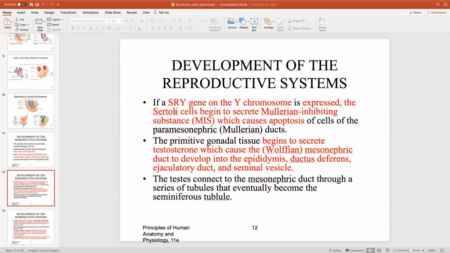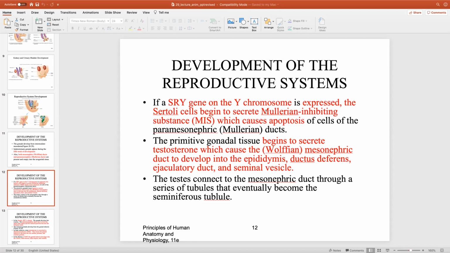Remember, they have like 10 different names: the Sertoli cells, the sustentacular cells. Those cells will secrete Müllerian inhibiting substance, which then causes apoptosis of the Müllerian ducts. That's why I want you to know it as both Müllerian and paramesonephric, and Wolffian and mesonephric, right?